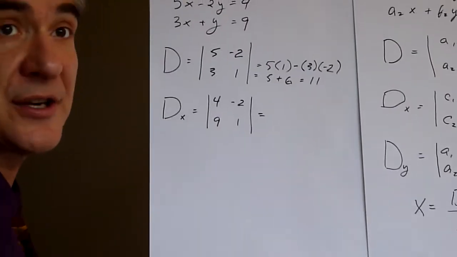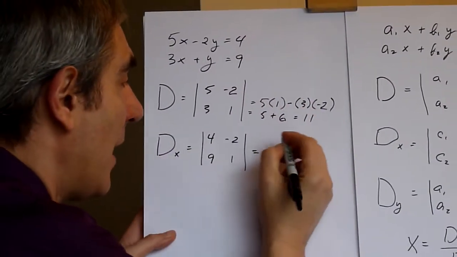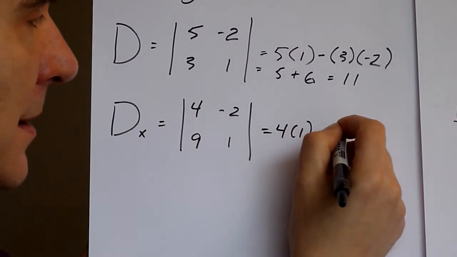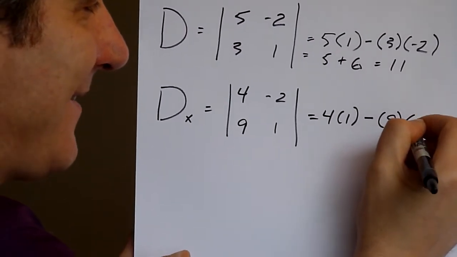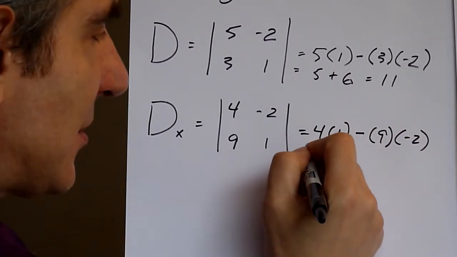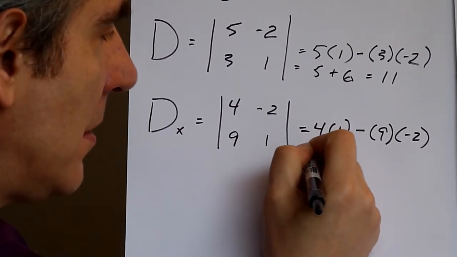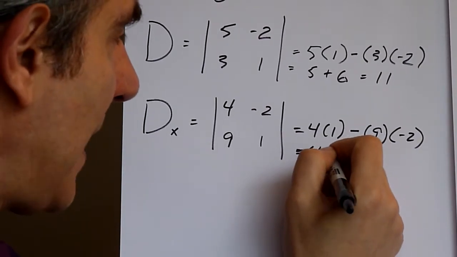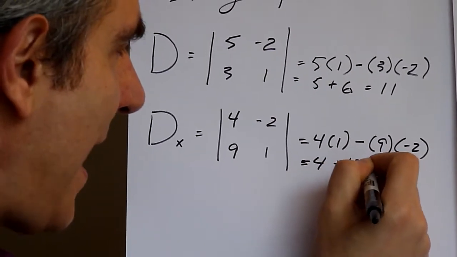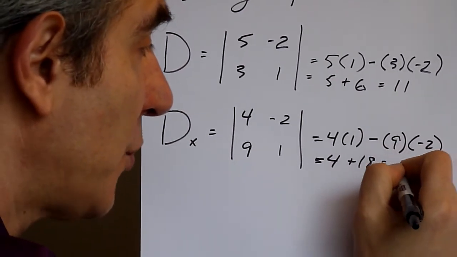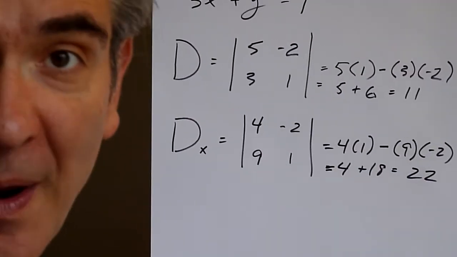So let's see what this determinant is. 4 times 1 minus 9 times negative 2. So this looks like 4 minus negative 18, which is 4 plus 18. That looks to be 22. I was going to say 32, but 22.